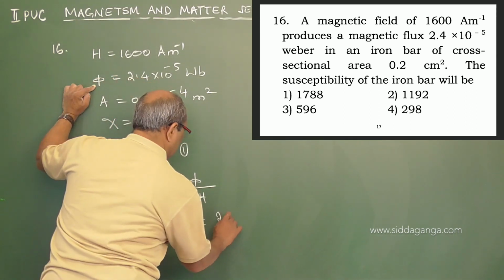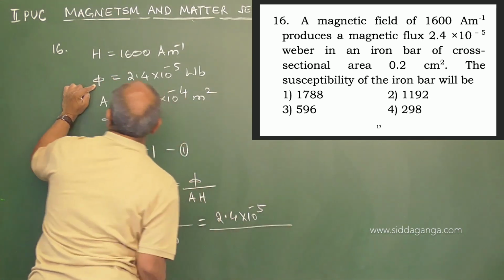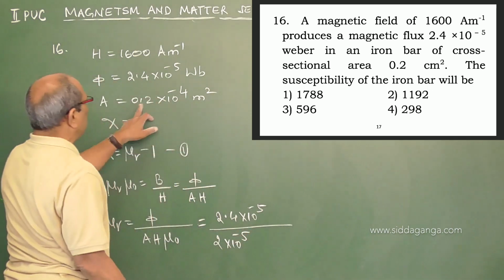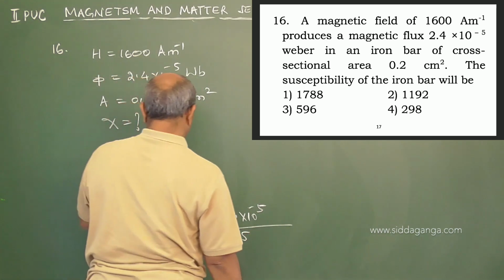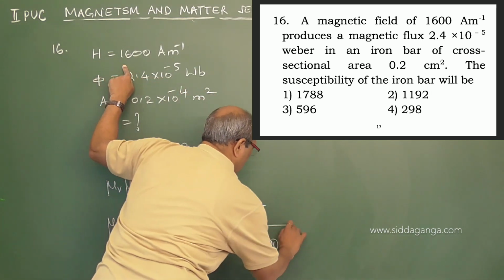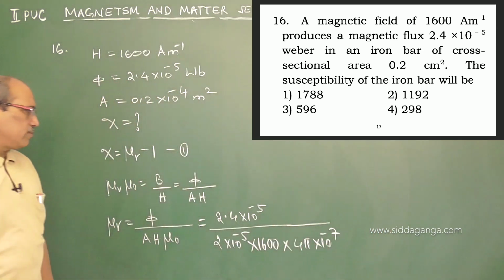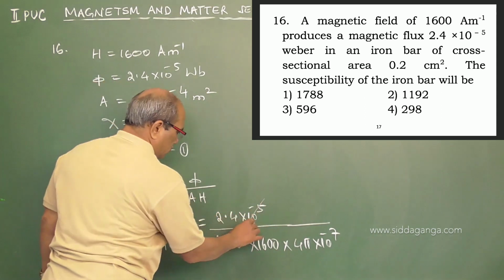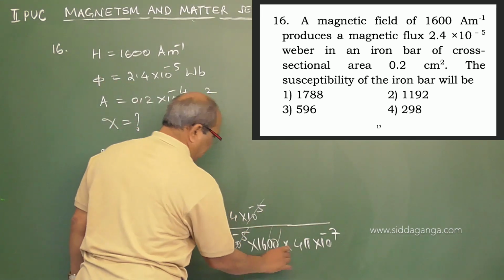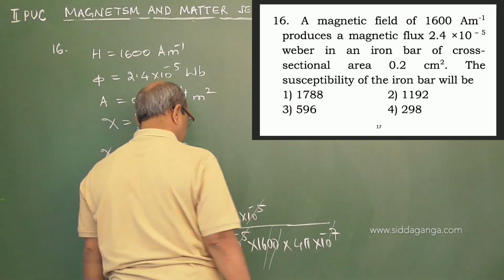Flux is given, 2.4 into 10 power minus 5, divided by area. I can write 2 into 10 power minus 5 instead of 0.2, and H 1600 into 4 pi into 10 power minus 7. So these two can cancel here, even these two zeros, and minus 7 cancels to become 5.